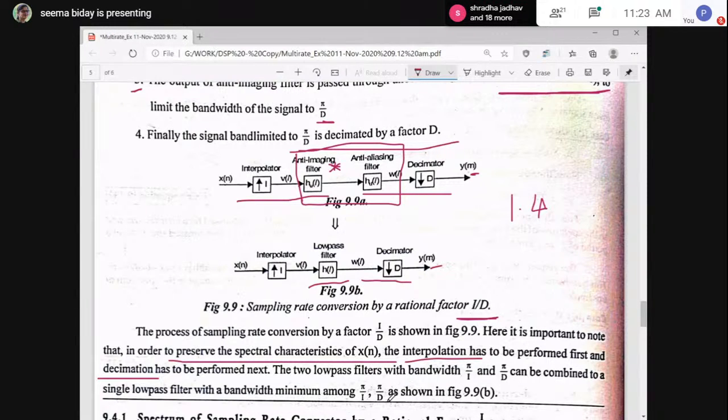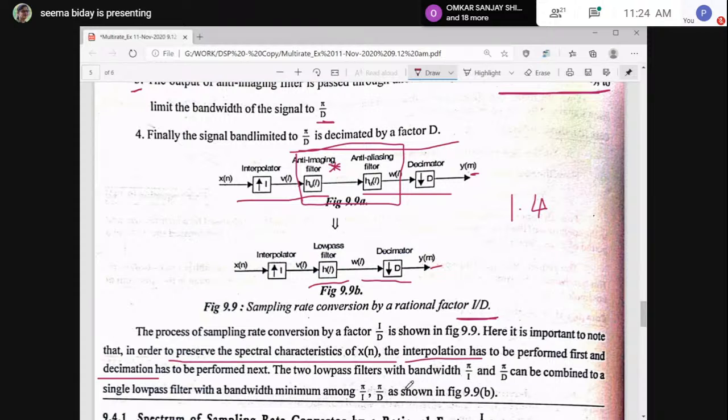Yes, they will serve the same purpose. You can have a single filter with a bandwidth if you want to avoid this convolution, because again a processor has to be used, right? So if you want to avoid this convolution, what is another way?